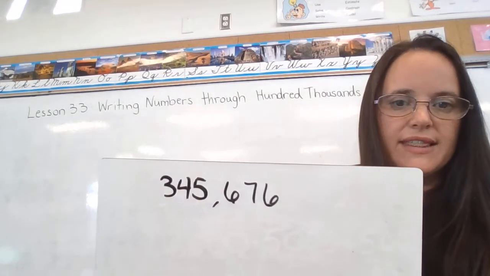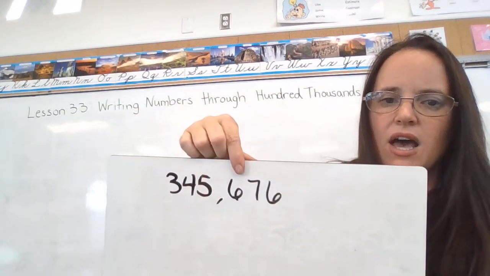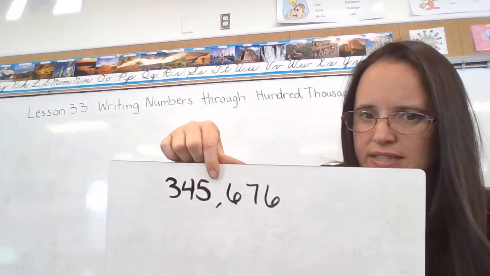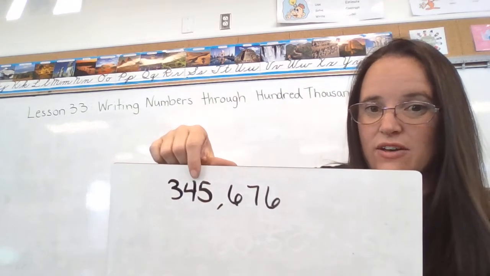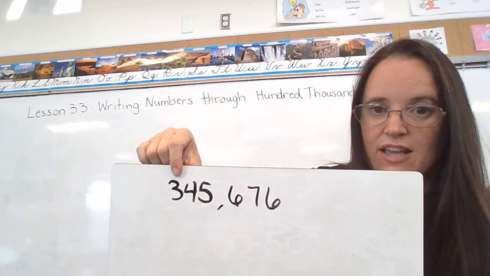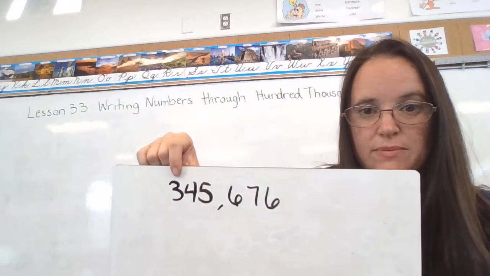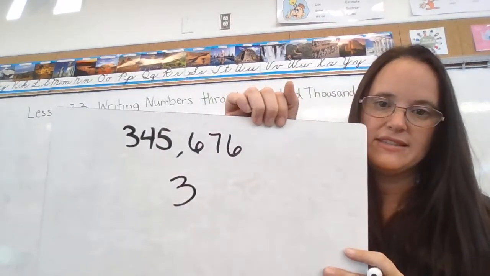So you're looking at this and you're going, right, it was ones, tens, hundreds, thousands. Then it gets tricky. Remember, this is the 10,000s and this is the 100,000s. So which digit is in the 100,000s place? That would be the 3, my friends.